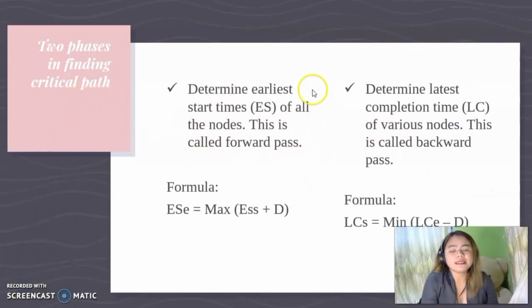In determining the earliest start times, we are given this formula. The earliest start time of the ending activity is equal to the maximum of the earliest start time of the starting activity plus the duration. And in determining the latest completion time, we have this formula. The latest completion of the starting activity is equal to the minimum of the latest completion of the ending activity minus the duration.